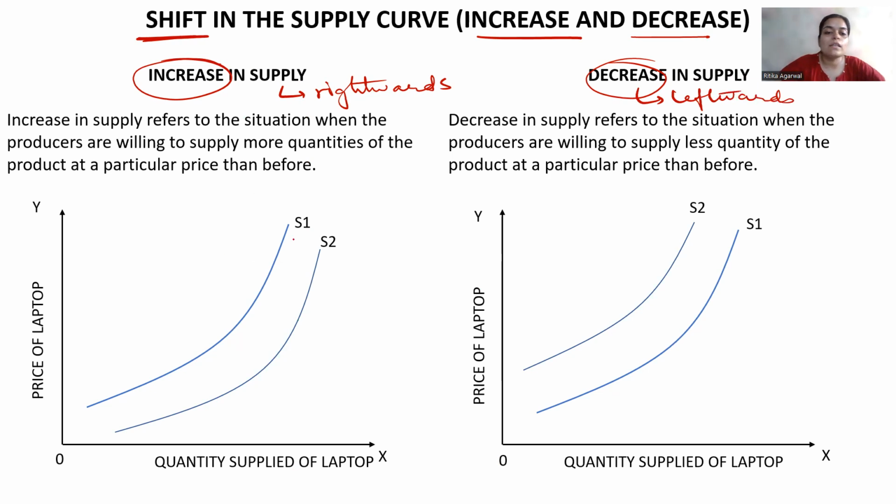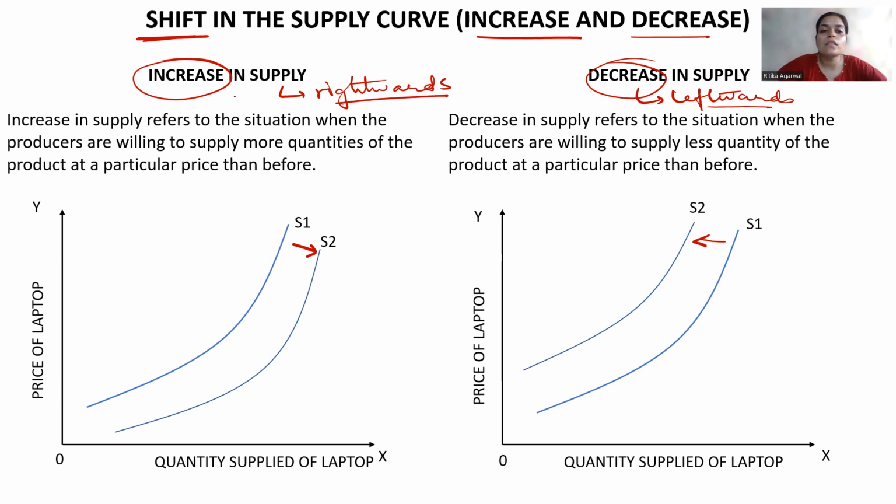This shows the increase in the supply curve from S1 to S2, and this shows the decrease in the supply curve from S1 to S2 leftwards. So here you should always consider that there is a rightward and a leftward shift, and you cannot take an upward and a downward shift in case of the supply curve.